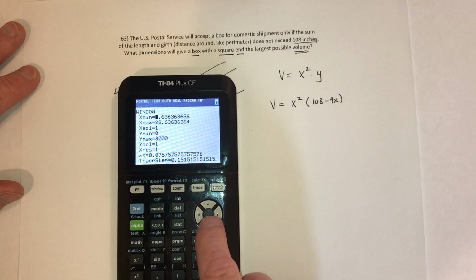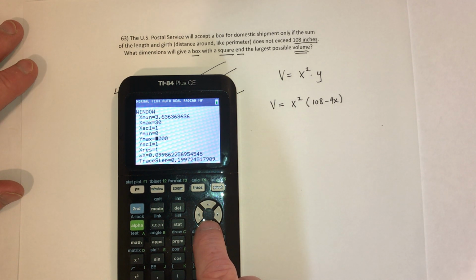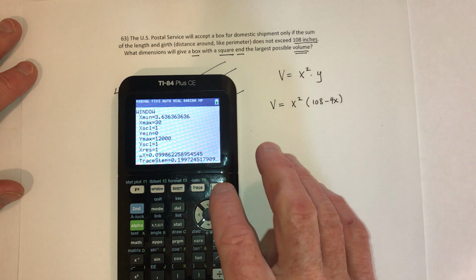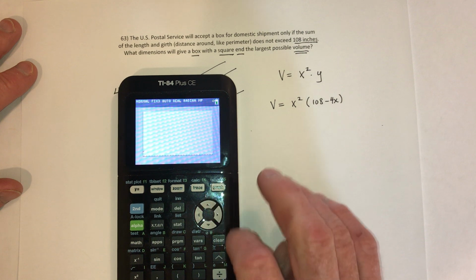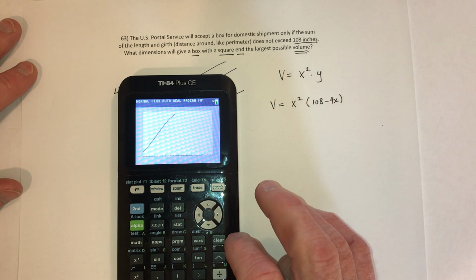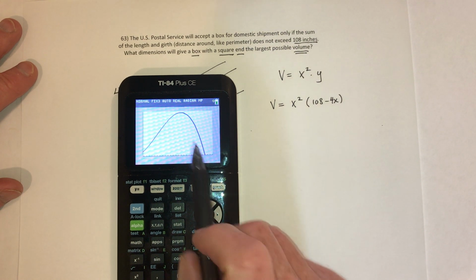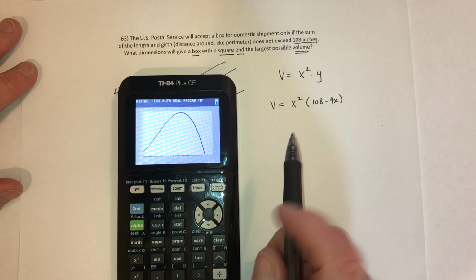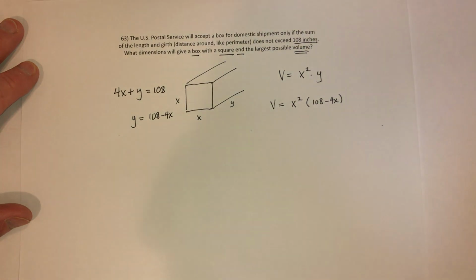So they're actually willing to take boxes much bigger than I thought. What did it go up to? Oh yeah, you're right, 11,000. So let me put 12,000. But then again, this is in inches, so it's not like it's cubic feet. Oh yes. So it seems there is a maximum right there. So I believe this is set up correctly now.